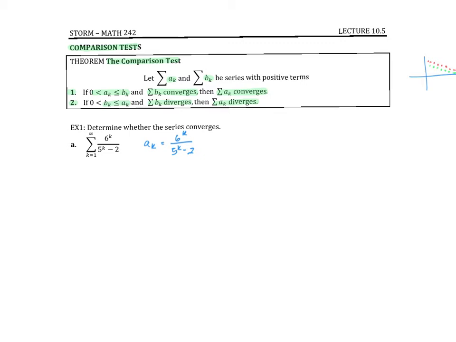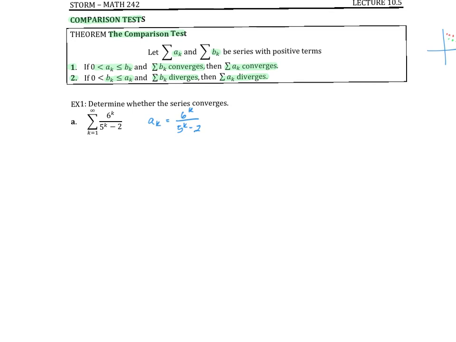When I look at my A sub k, I notice that k is the exponent. And when k is the exponent, I think of a geometric series. If I ignore that minus 2, remember I want to pick something similar that I can determine convergence or divergence. So if I look at B sub k being 6 to the k over 5 to the k, and I ignore that minus 2, then notice this is 6 over 5 to the k.